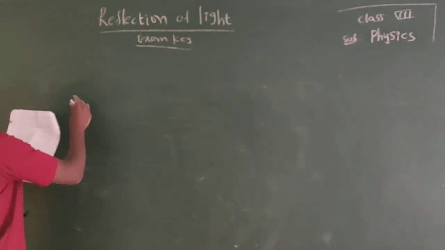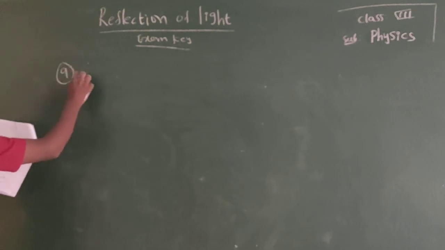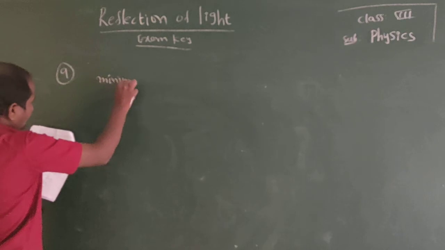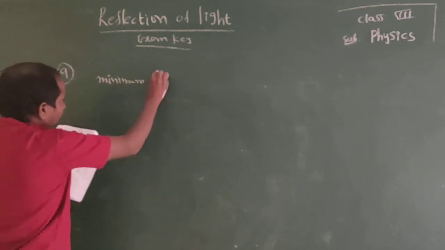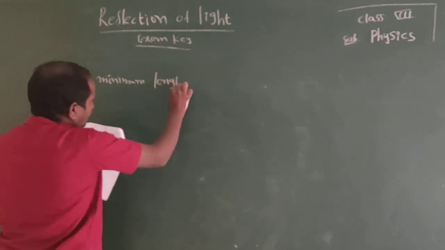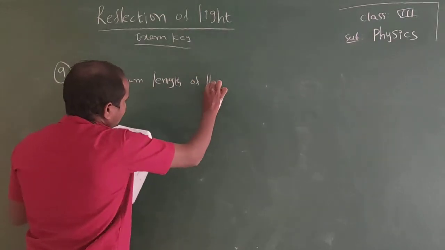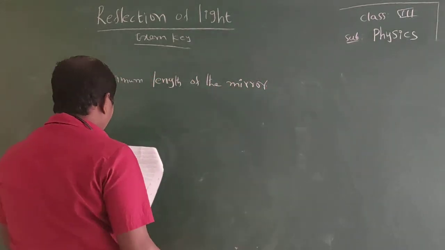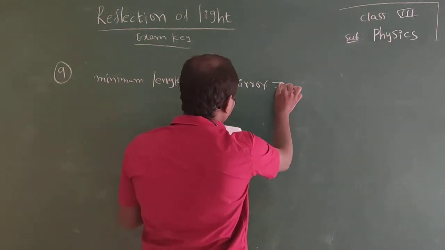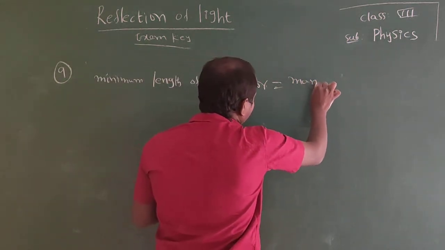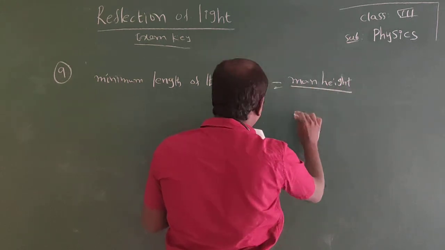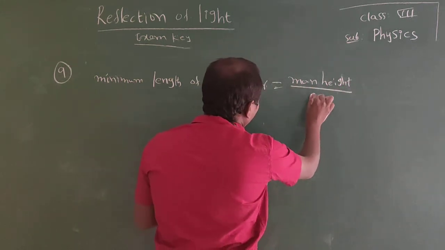So the minimum length of the mirror is equal to the man's height, or given object height, by 2.